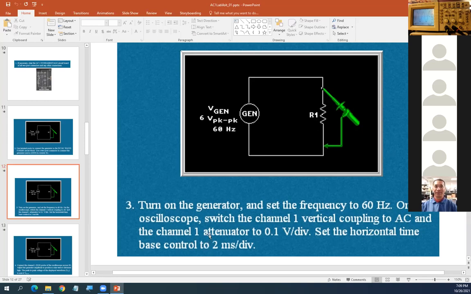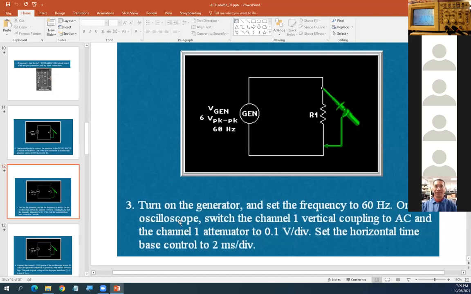Okay, now this is instruction for analog scope. You don't care what they're telling you right here. The only thing you care about is how many volt peak to peak and what the frequency is. Then you can set your generator for that volt peak to peak and the frequency, and look on the oscilloscope to see if it is that value.